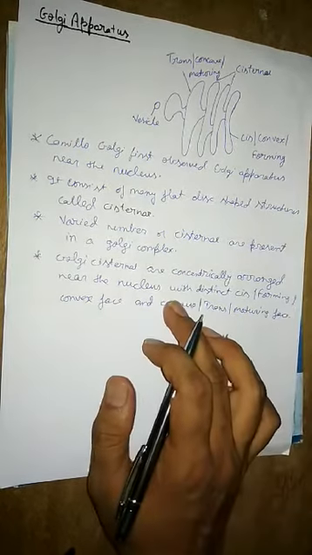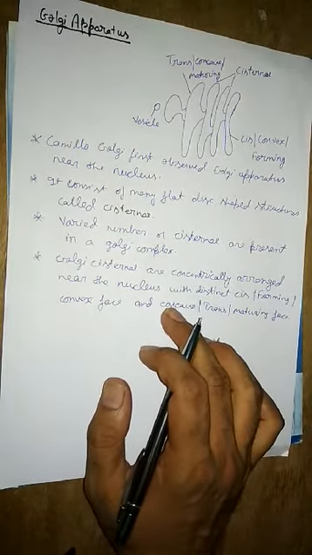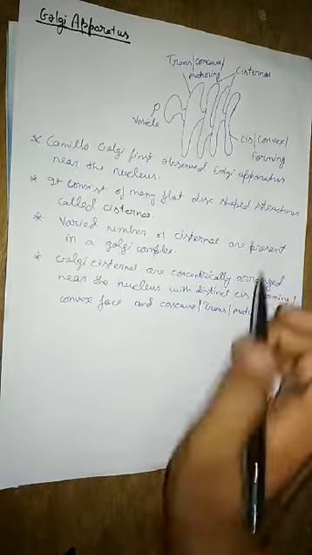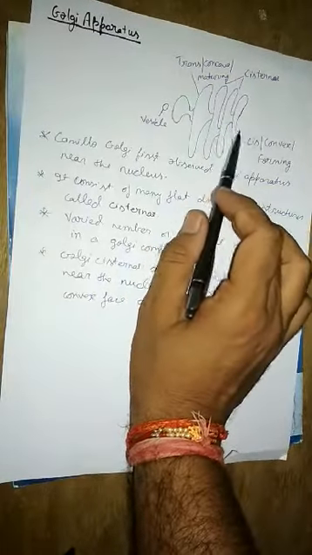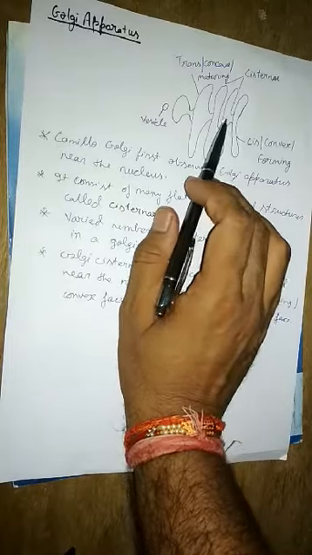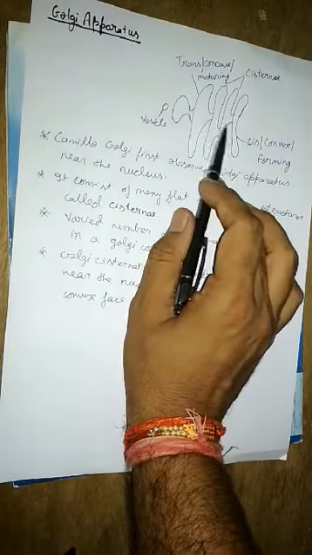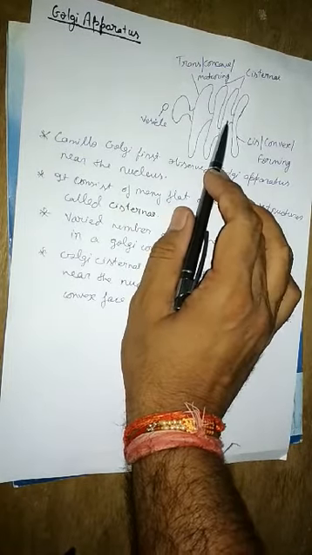So the Golgi cisternae have these two phases. Even though these two may appear different, they are attached to each other with the help of the cisternae.